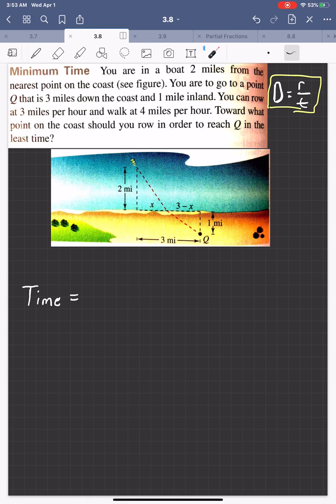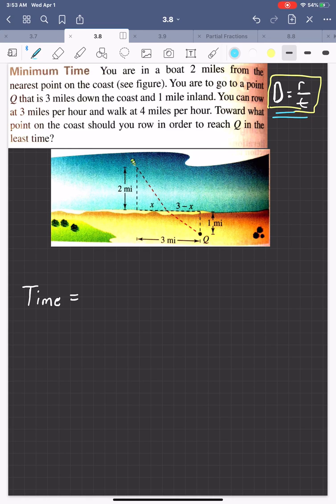So let's you and I agree. We'll kind of start to walk through this quickly. Let's agree that distance is equal to rate multiplied by time, right?